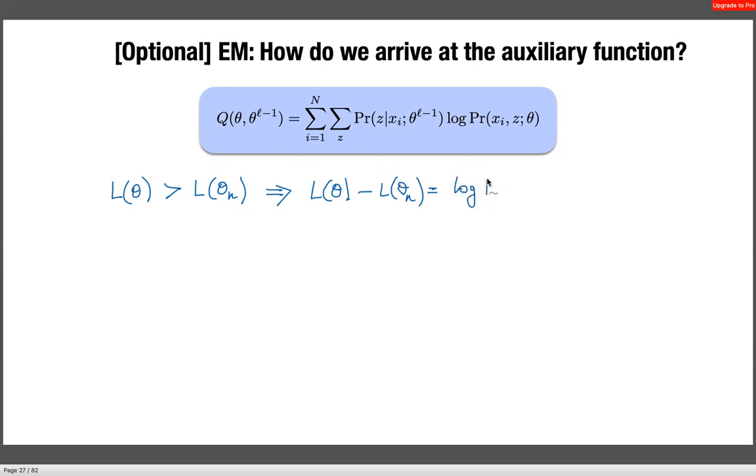which can be written as log of the summation over z of probability of x, z given theta, minus log probability of x given theta n. So I just expanded the terms L(theta) and L(theta n).